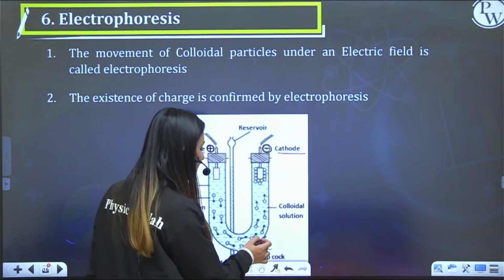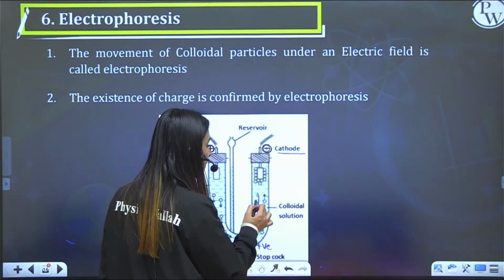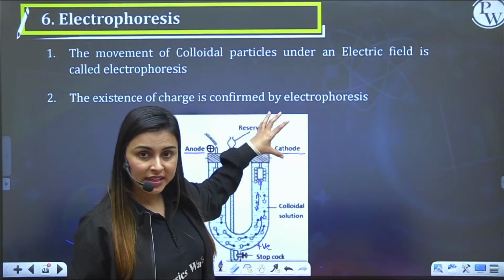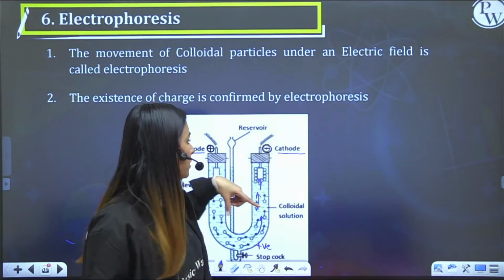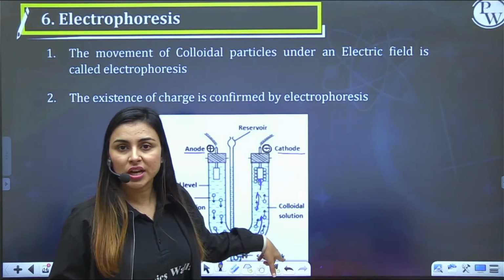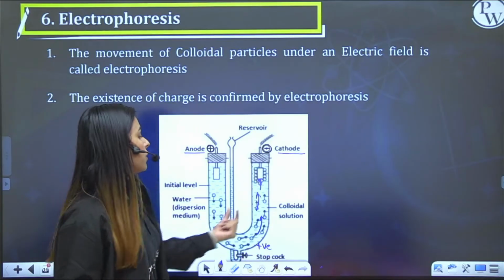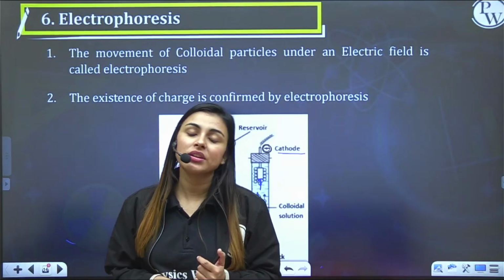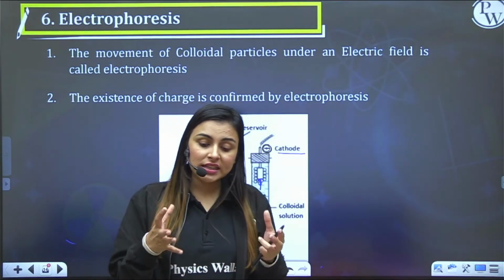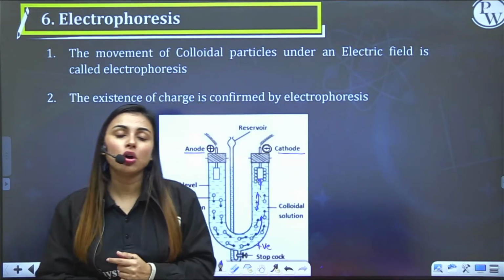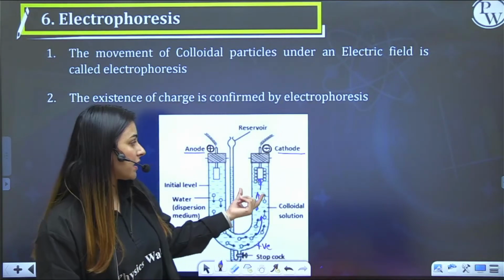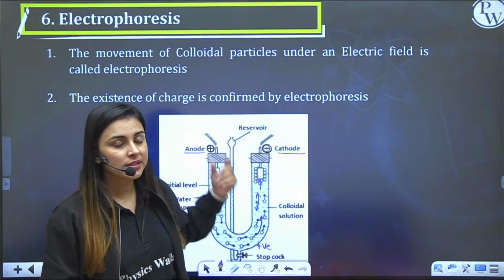So, ma'am, definitely if it is positively charged, it will move to the cathode, right? So if your colloid is going towards the cathode, definitely it is a positively charged colloid. If your colloid is going to the positively charged electrode, that is the anode, then it is a negatively charged colloid. So this is how you find out whether your colloidal solution is positively charged or negatively charged, by seeing its direction. In which direction is it moving?